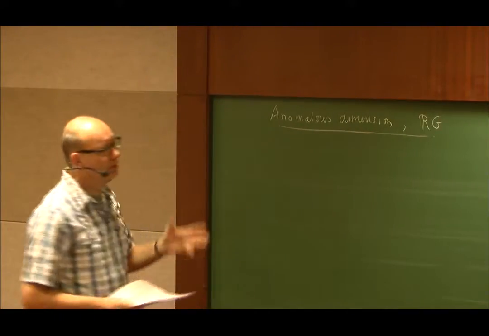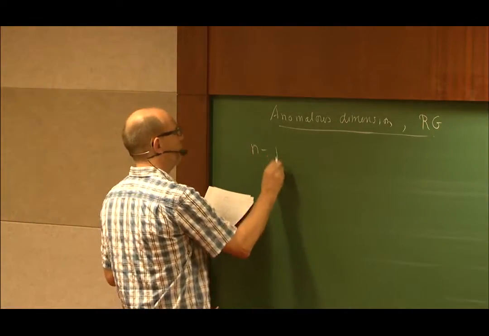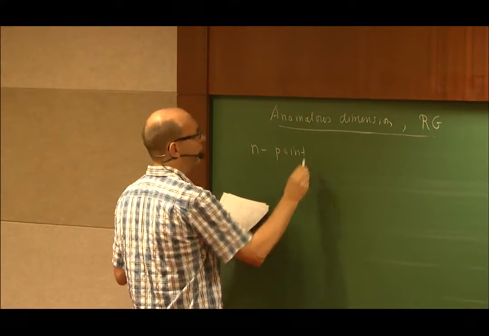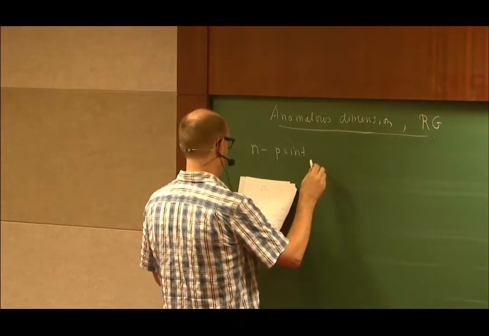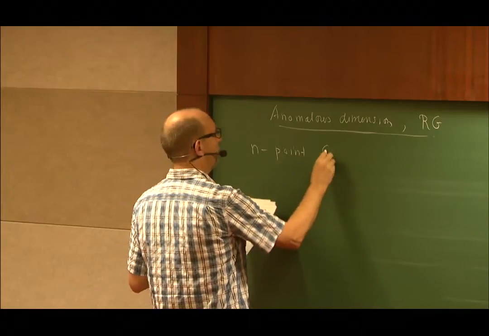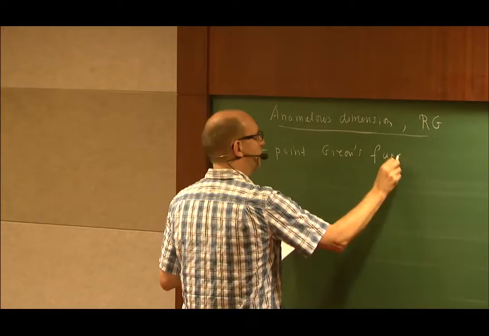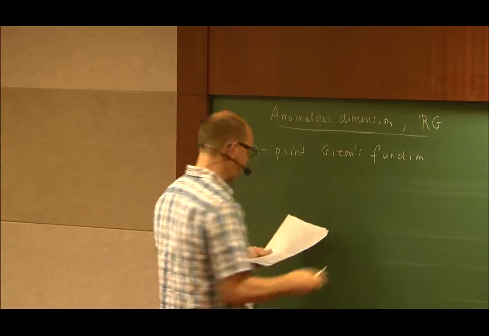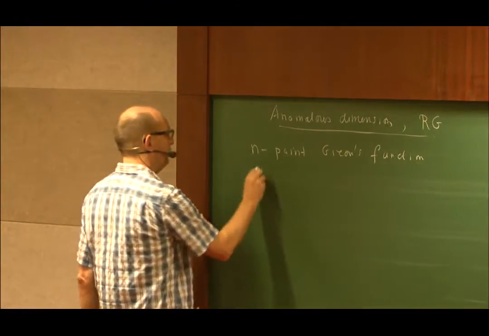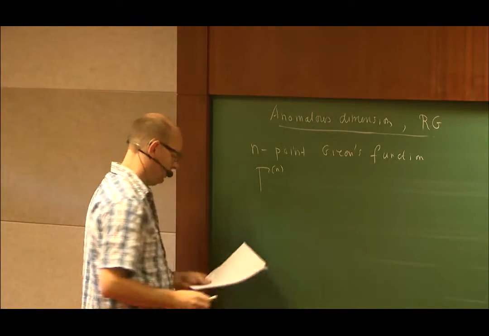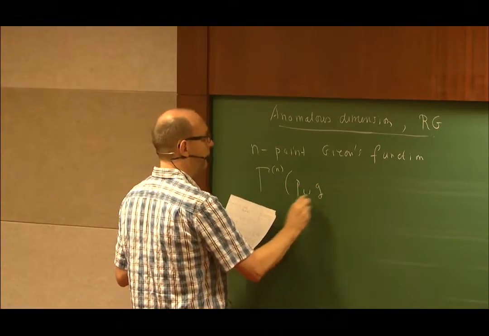So let's look at a Green's function, an endpoint Green's function. And for the moment, let's ignore QED. Let's make it easy. Some scalar theory, just to illustrate the point. Endpoint Green's function. Now, in quantum field theory, this is defined. So here is our Green's function, which depends on some momenta and a coupling, all bare.